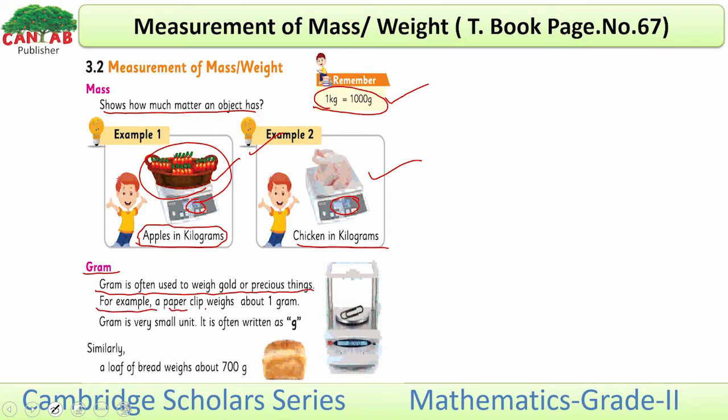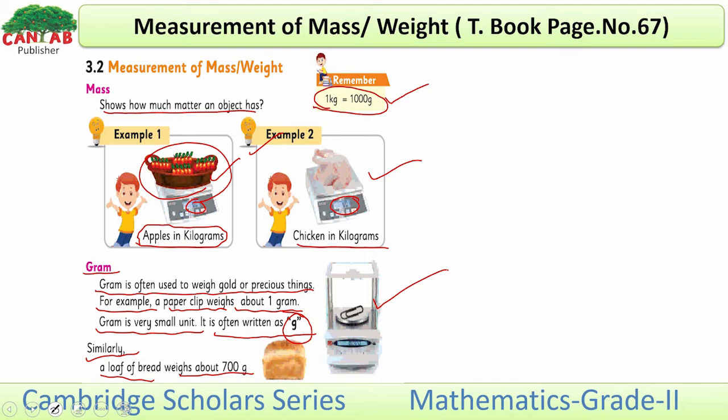For example, a paper clip weighs about 1 gram. Gram is a very small unit. It is often written as g, as I told you before. But a loaf of bread weighs about 700 grams, while a paper clip is about 1 gram.